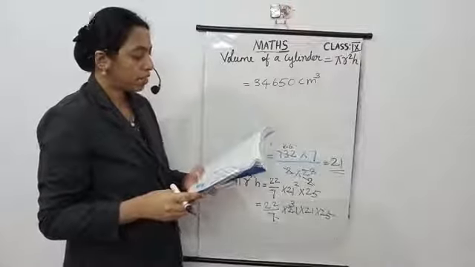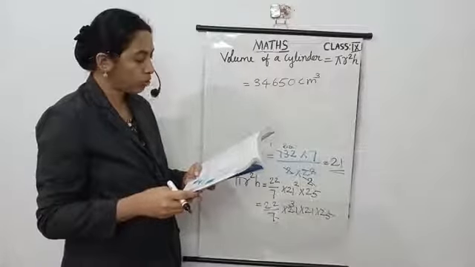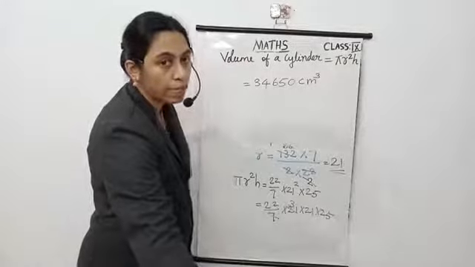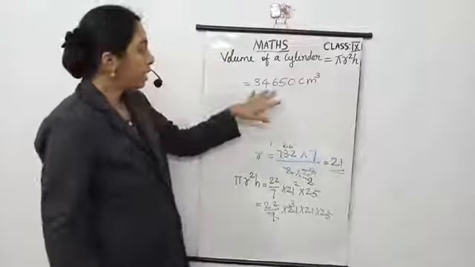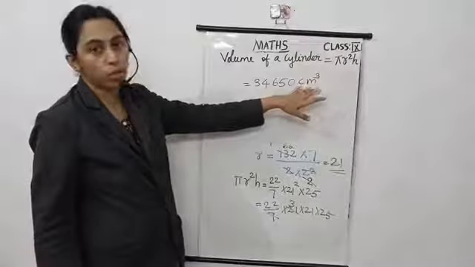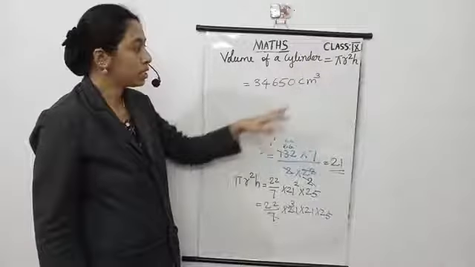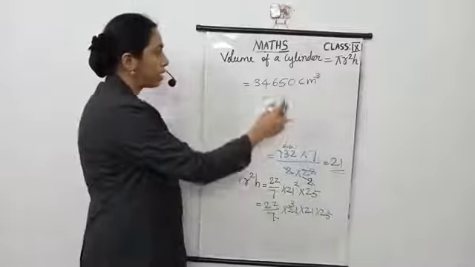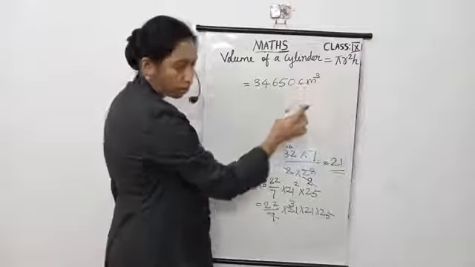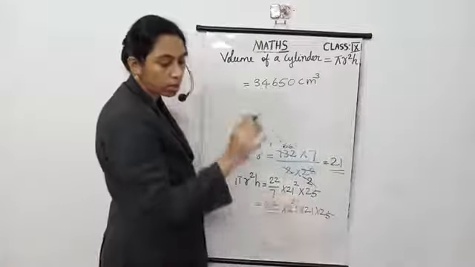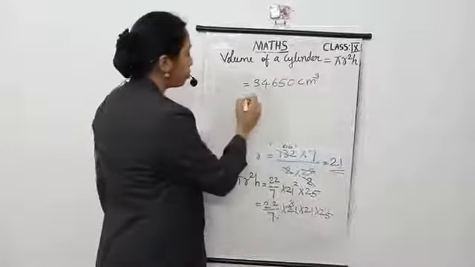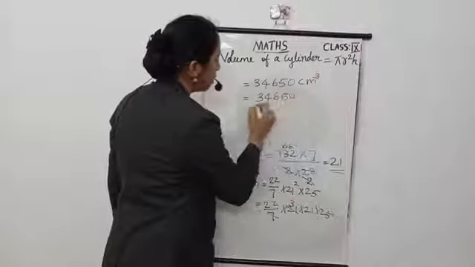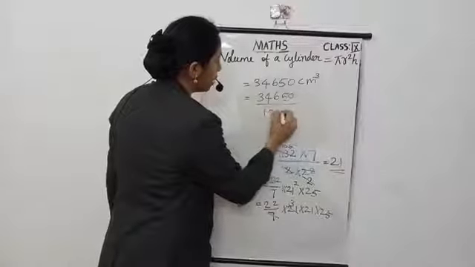Here the question is about how many liters of water it can hold. The question is asking how many liters. So here we found the volume in centimeter cube. We need to convert this centimeter cube into liter. 1 liter is equal to 1000 centimeter cube. So this is equal to 34,650 divided by 1000.